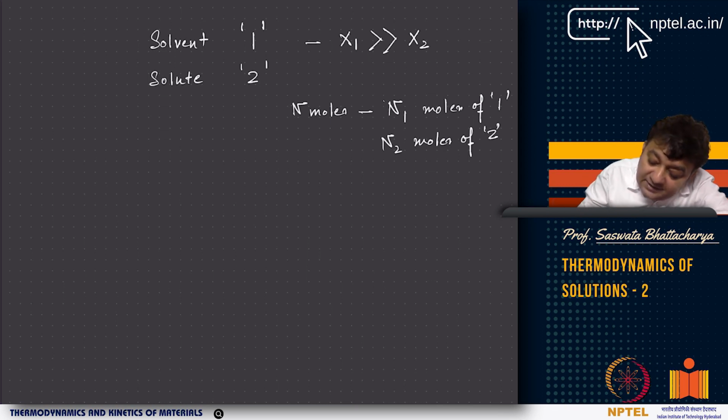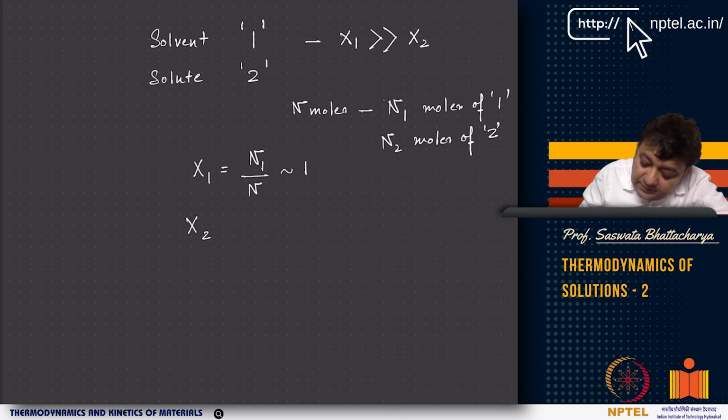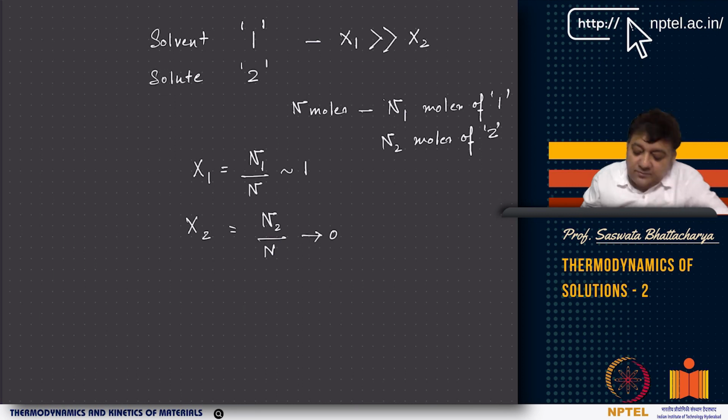In that case X1 is n1 by n, which is roughly equal to 1, and X2 is n2 by n, which basically approaches 0.